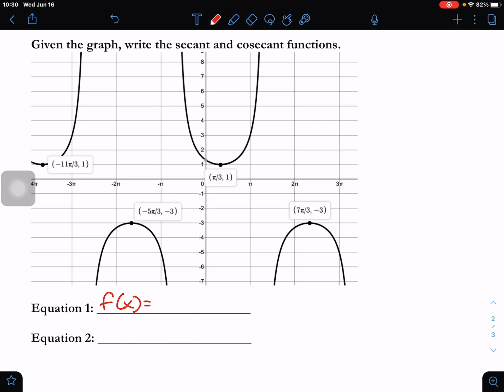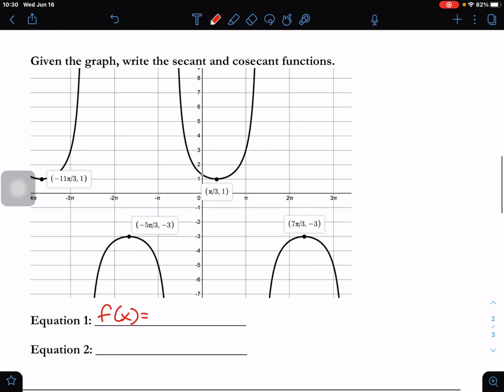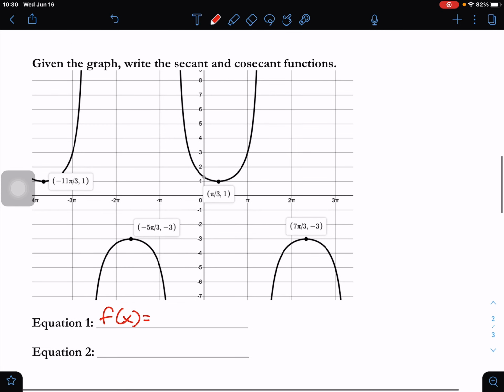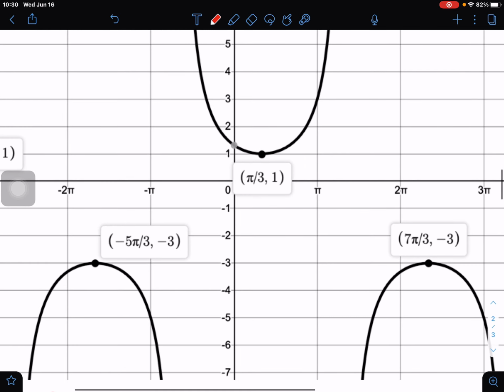So a secant graph would look pretty similar to this, but the vertex, I guess, if you will, of this parabola right here would have to be right here.